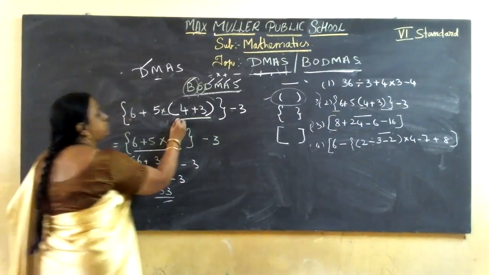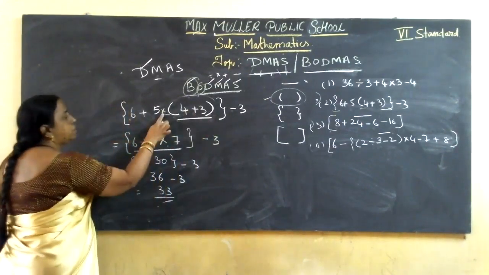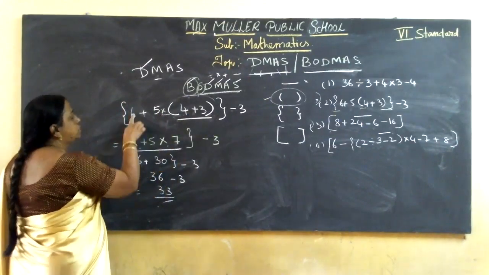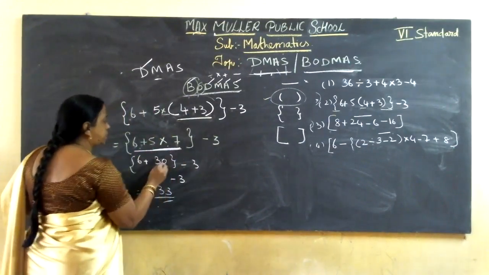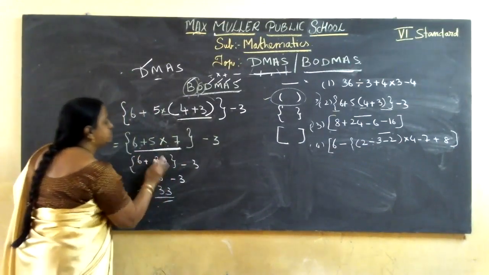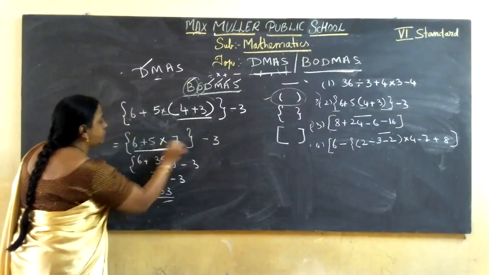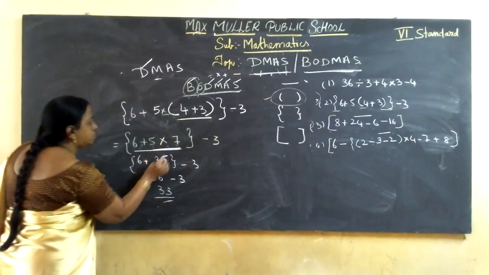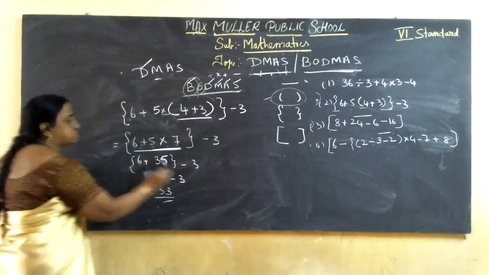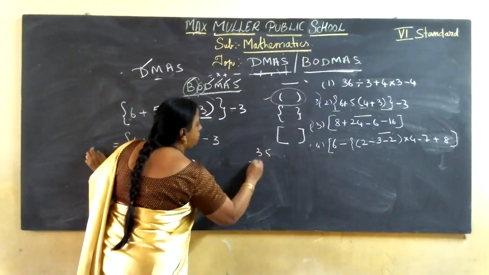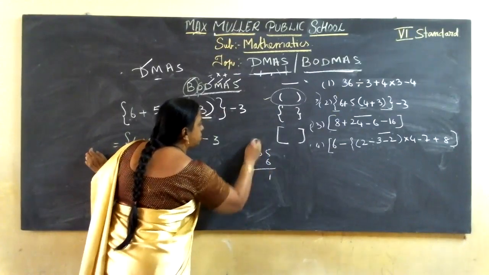See here, first we should remove this bracket, 7. Here there is no sign, so we took into 5 as it is. So first multiplication. Oh, here I was wrong. 5 sevens are 35, sorry, 5 sevens are 35. I wrote 30, so only we got it wrong. 35 plus 6 is how much?